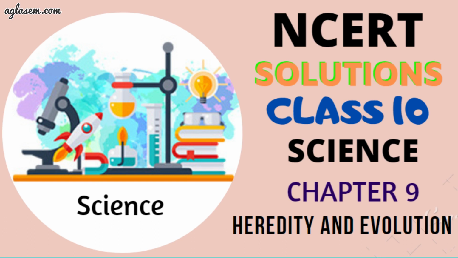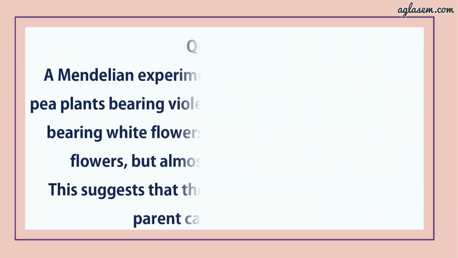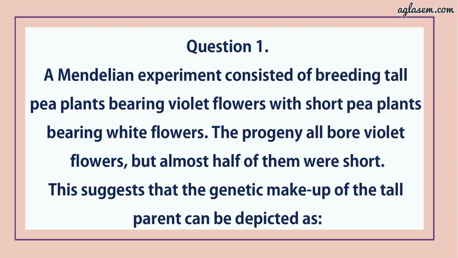Question number 1 says, the Mendelian experiment consisted of breeding tall pea plants bearing violet flowers with short pea plants bearing white flowers. The progeny all bore violet flowers, but almost half of them were short.